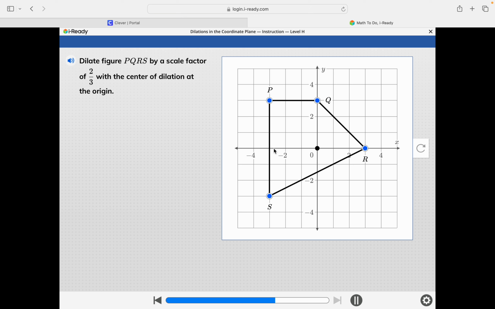Q prime y coordinate value. Very good. We have to times 3 by 1 times 2 by 3. If there is a pattern, Subani, 3 and 3 will cancel out, so we don't have to scratch it. 2 by 1 means 2.